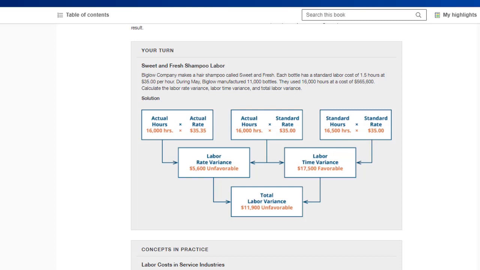Do you see that little X in the middle of that box? You're expected to do that multiplication, and by doing that you would come up with an original budget or standard expectation of what you would need to spend in total.